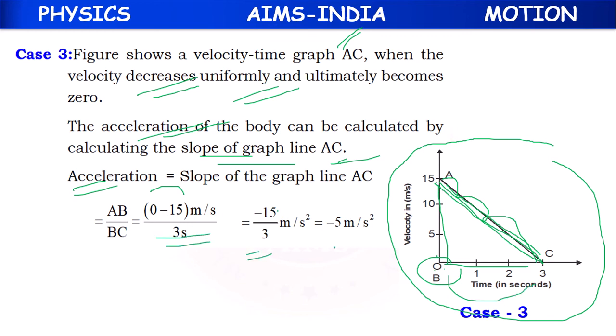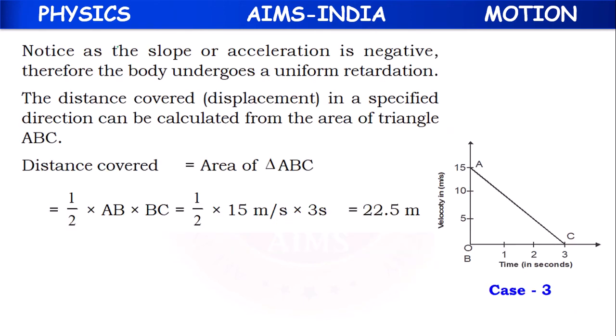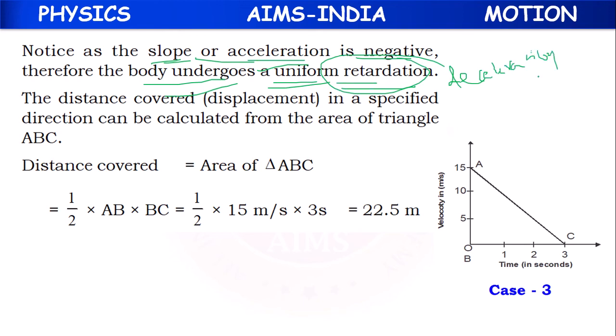Minus 15 by 3, minus 5 meter per second square is the slope. Acceleration is negative because the slope is negative, that means velocity is decreasing. So the slope or acceleration is negative, therefore the body undergoes a uniform retardation or deceleration or negative acceleration.